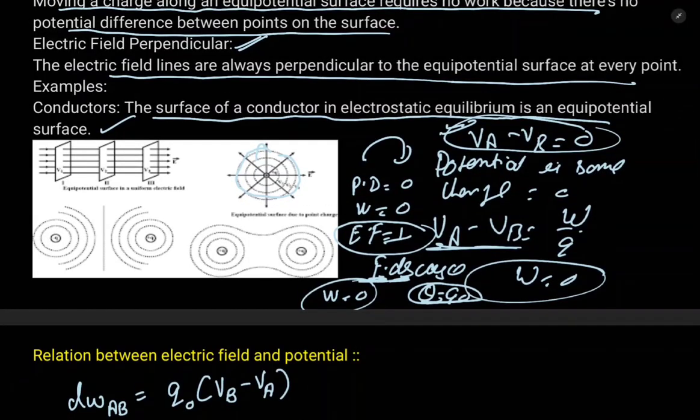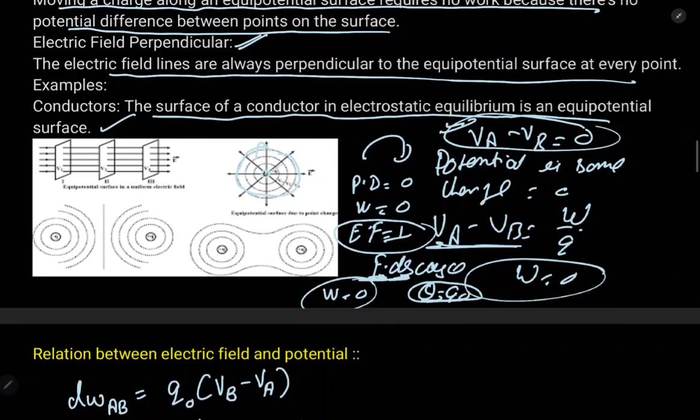There are problems that come in an exam where we have to draw the equipotential surface for a point charge, for a plus charge, for a minus charge, and for a plane. For a plus charge, electric field lines always act outwards, and the equipotential surface is always spherical in shape. Similarly, for a negative charge, the equipotential surface is spherical here, and they will repel each other if two charges are placed near each other.